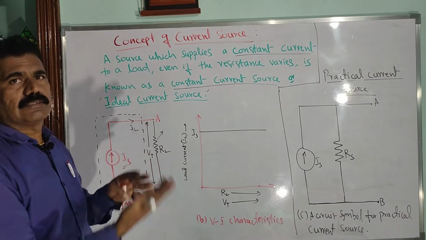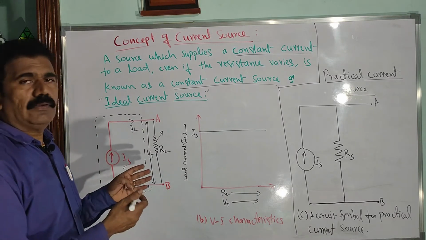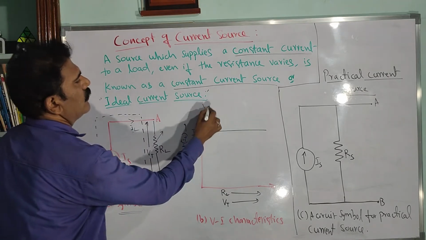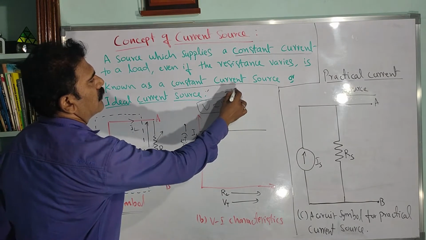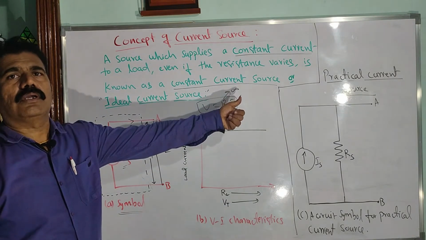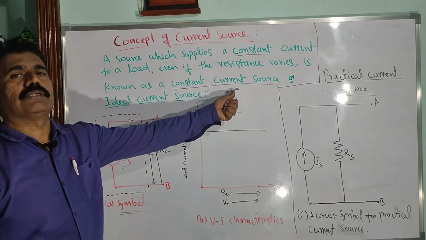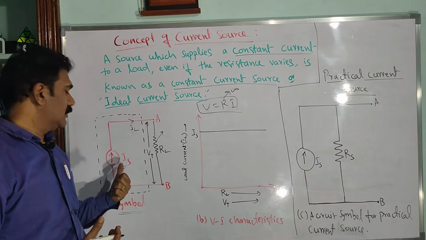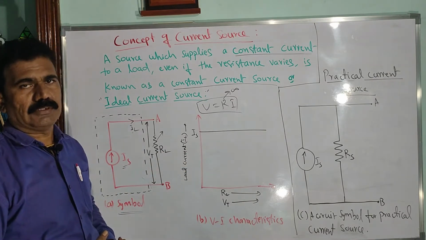Suppose it is infinite resistance, so what do you understand about the voltage drop? It should be very high. According to Ohm's law, V is equal to RI, correct? So if I connect R equal to infinity, what about the voltage? Voltage also should be infinity. In order to get such an infinite voltage drop across the infinite resistance, we can think that the current supply source is giving an infinite amount of power, in terms of electrical power.